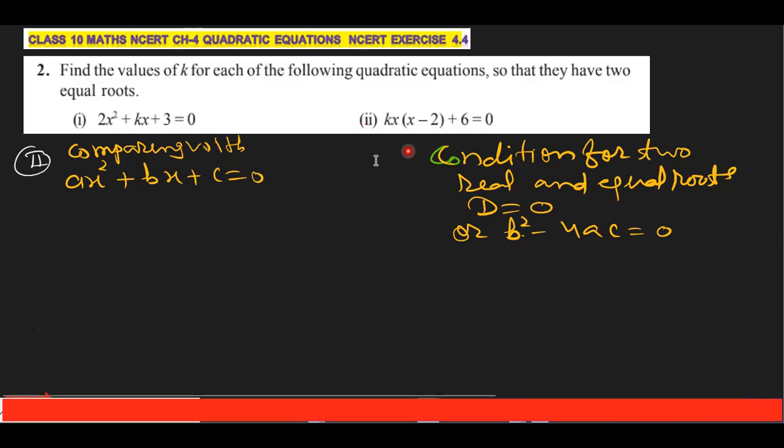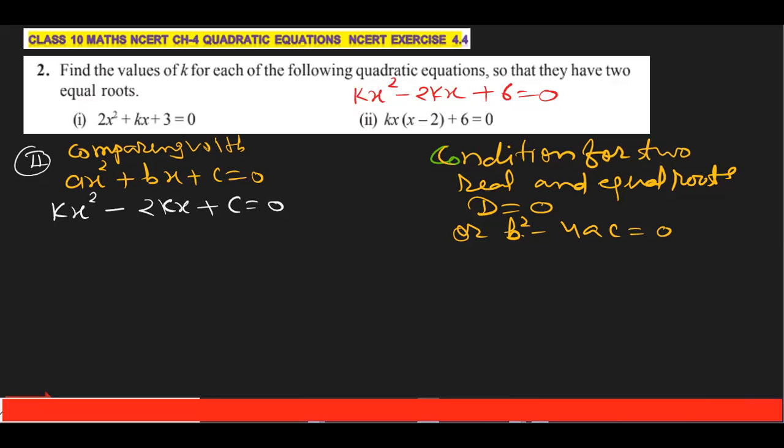Now for the second part, kx bracket x minus 2 plus 6 is equal to 0. First we simplify this. That is kx square minus 2kx plus 6 is equal to 0. Now we compare this as kx square minus 2kx plus c is equal to 0.